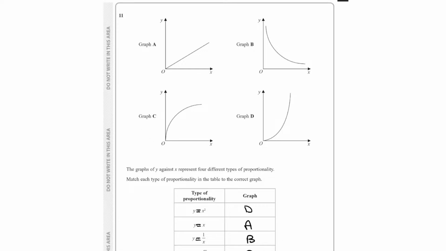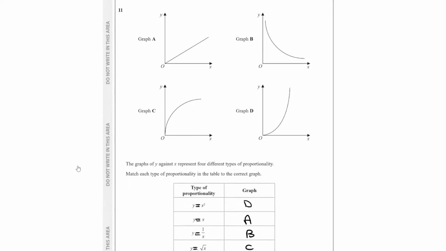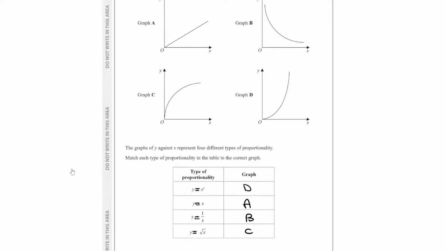It's obviously C. Okay, so that last one, you might not know what it is, but you should technically know the other 3. So obviously it's just the last one that's left, which is C. Okay, so ignoring proportion, it's literally just graphs.